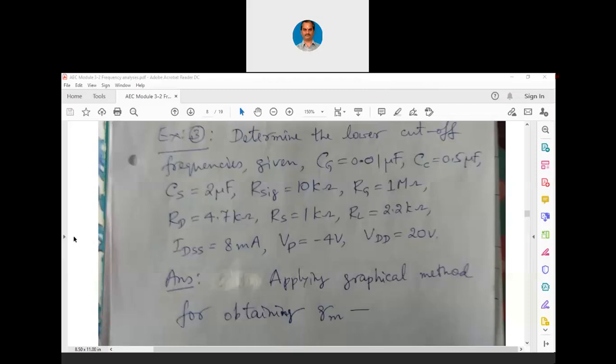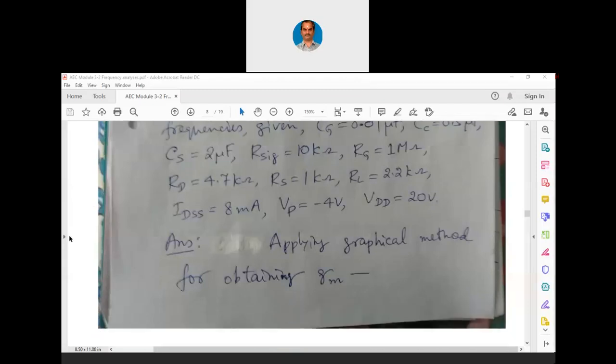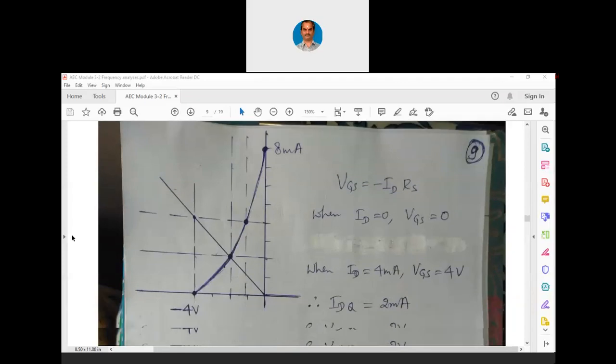We have to find out gm now, applying the graphical method for obtaining the transconductance. Let us apply the graphical method now. We know that IDSS is 8 milliampere and VP is minus 4 volts, and we already have the earlier method where for IDSS by 2 and IDSS by 4 we can have respective values. So 0.3 VP, 0.5 VP was corresponding to that. Please recall all the discussions of the graphical method.